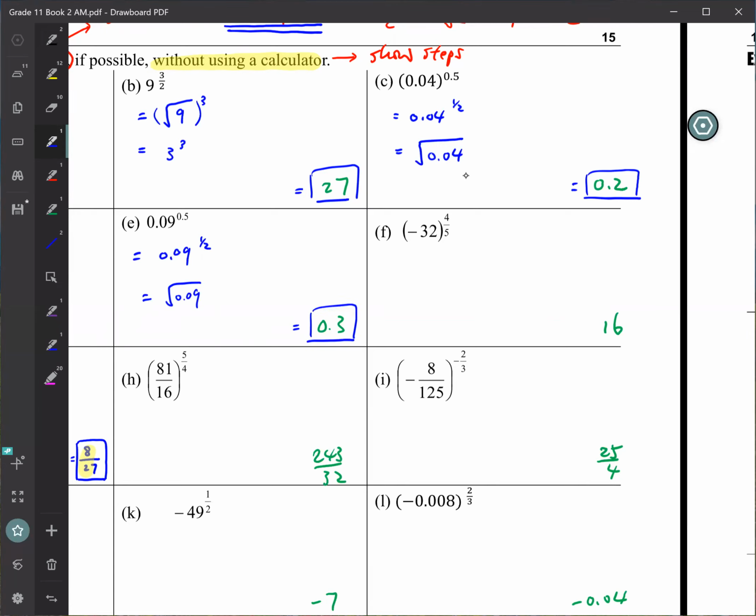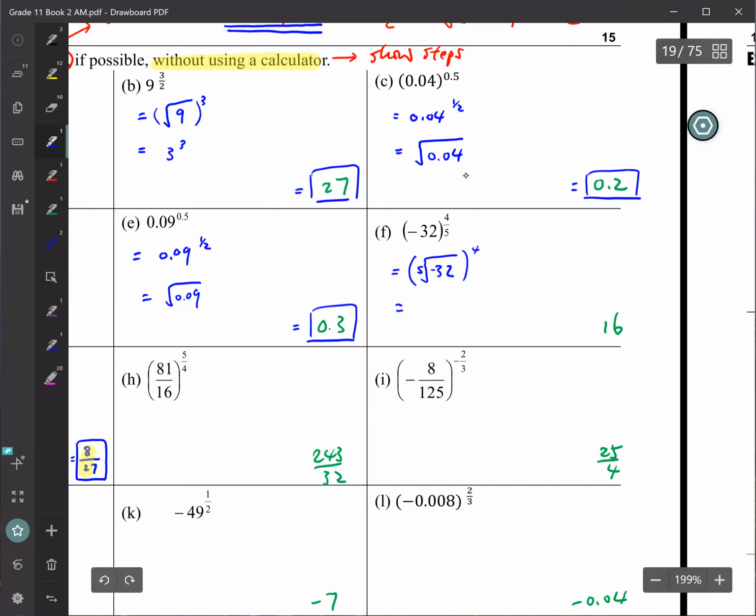And then next one, you have a negative, right? So it's in brackets. So make sure you include that under the fifth root. Okay, and then I will deal with the 4 on the outside because with the root, it can bring the number down smaller, right? You don't want to do negative 32 to the fourth first. That'll make it too big.